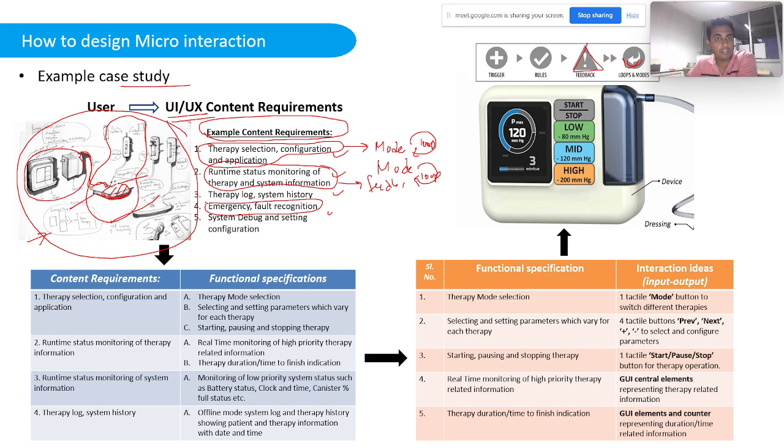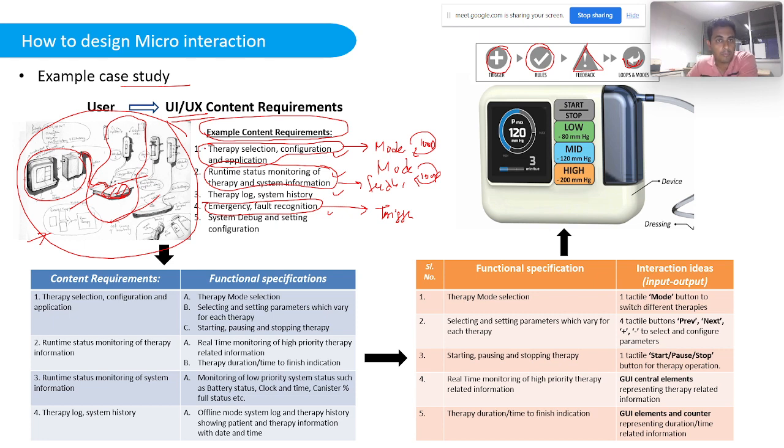In case the system faces any issues, it should detect that particular emergency scenario and then provide some feedback. That means these are system level triggers that the system should understand. Again, to design this whole system, we will be requiring rules. Okay, so let's see how we achieve this.